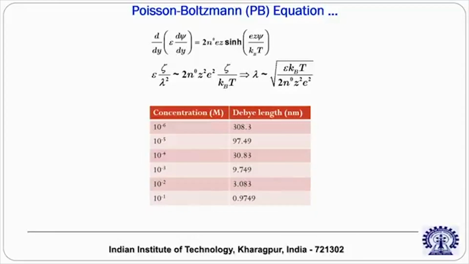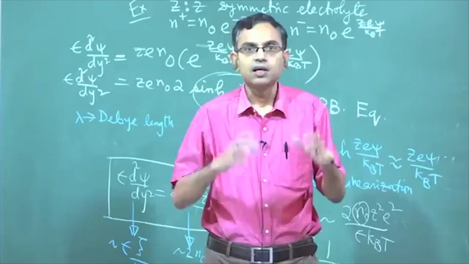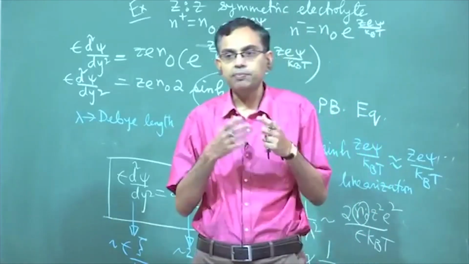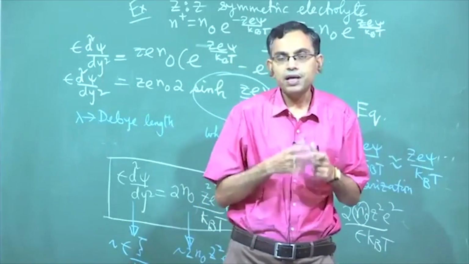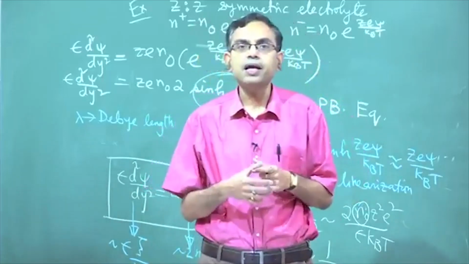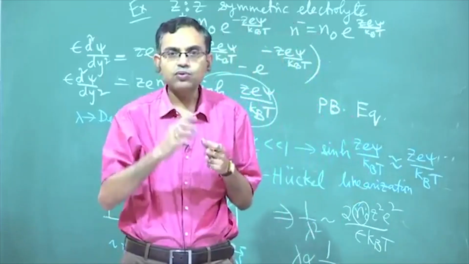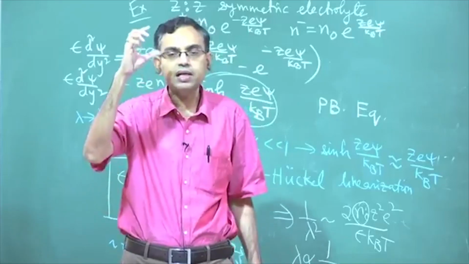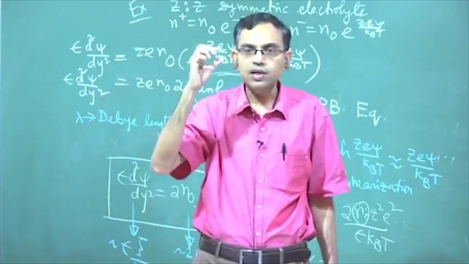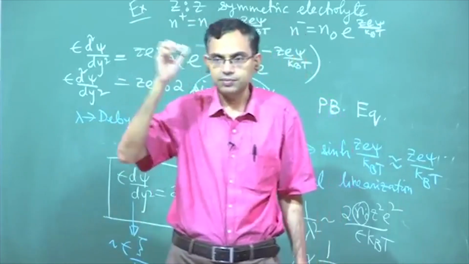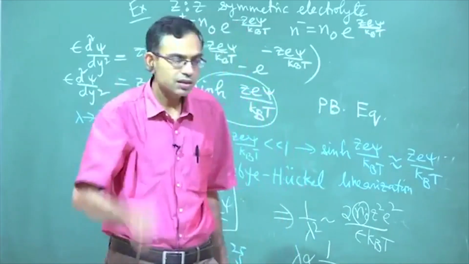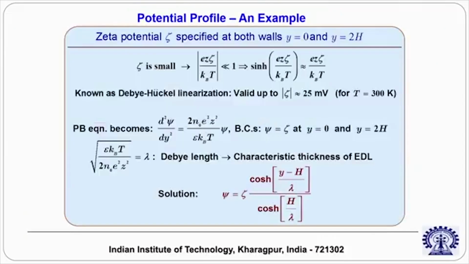Millimolar, that is 10 to the power minus 3, the Debye length is around 10 nanometer. This is a very typical rough idea, and as a biomicrofluidics engineer it is very important that you have a rough feel of these numbers. So for a typical millimolar solution the Debye length will be around 10 nanometer. If you imagine the microchannel is 10 micron, then only a small portion close to the wall will have this Debye layer. Outside that, the surface charging effect will not be felt.